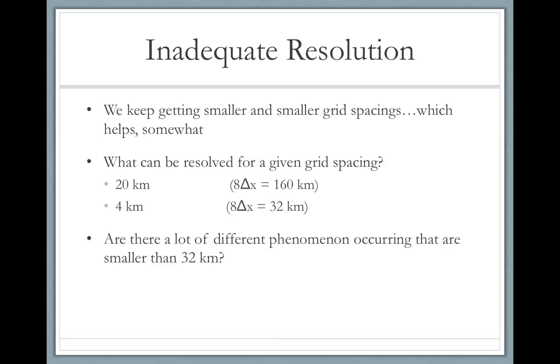Can you think of things that are occurring at less than 4 kilometers, where the size of that event, the size of that process, is smaller than 4 kilometers? Of course there are. There are lots of things occurring within the atmosphere that we really must account for that are much smaller than even 4 kilometers, than even 1 kilometer.